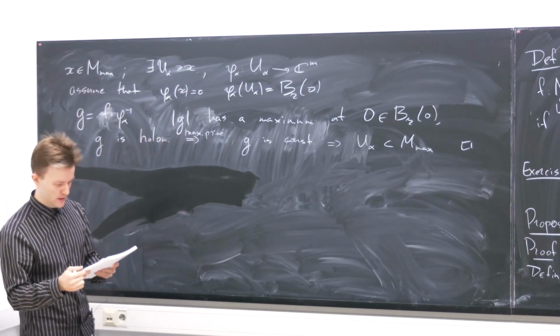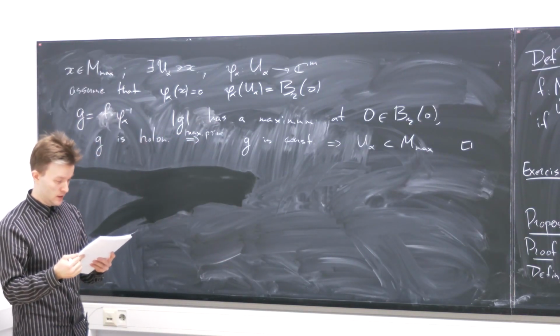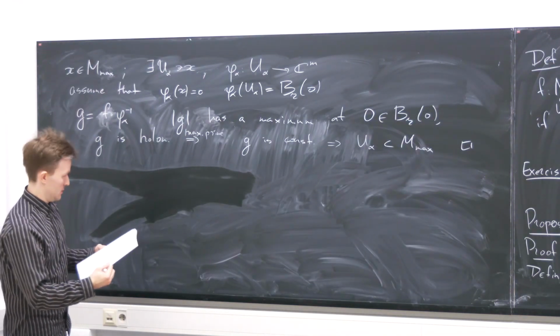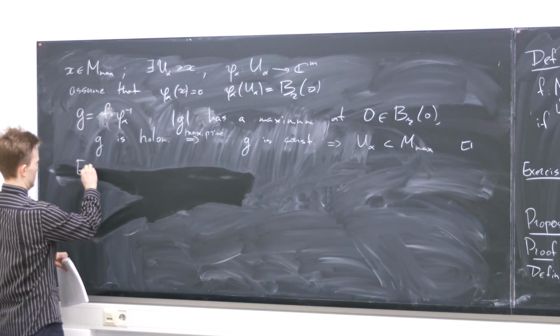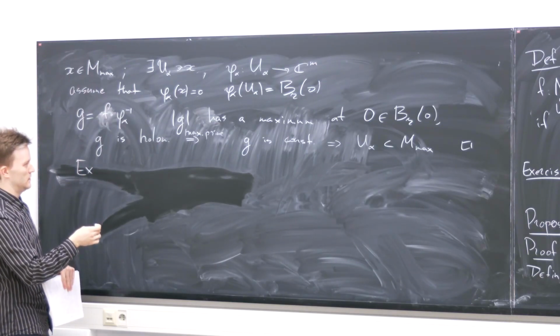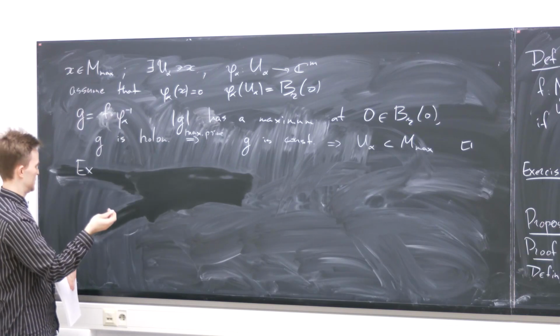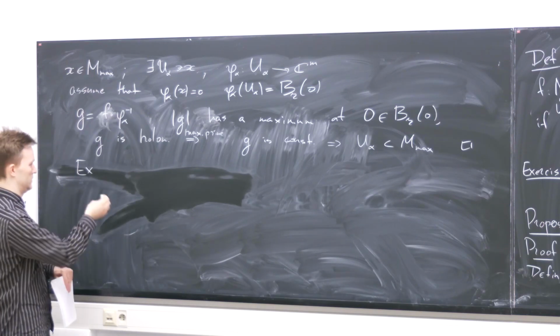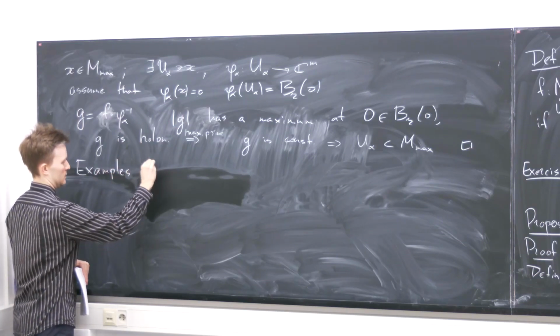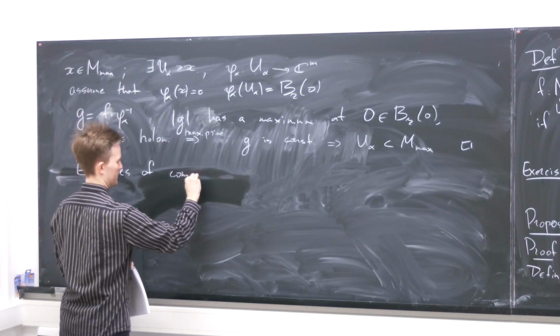Some of them will be Kähler and some of them will not, as we will learn later, hopefully. But okay, so let's just spend some time and list a few ways to construct new examples of complex manifolds out of the old ones. So examples of complex manifolds.